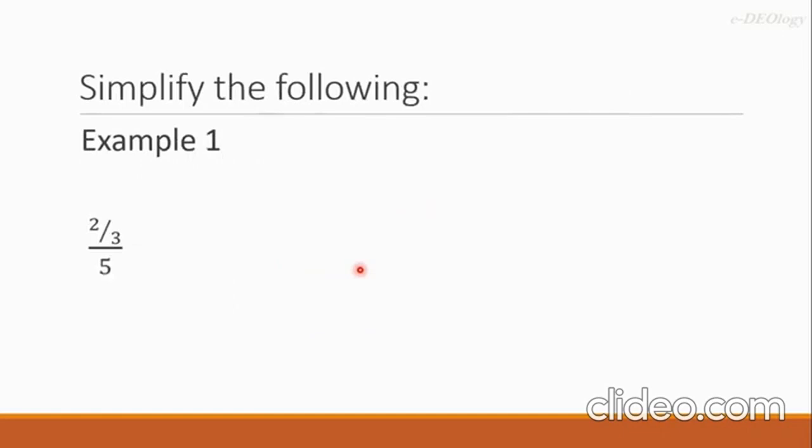Now let us see some examples. Let us consider the first example, 2/3 over 5. We can write this 2/3 over 5 as 2 over 3 divided by 5. Next, the whole number 5 can be written as a fraction with a denominator of 1.